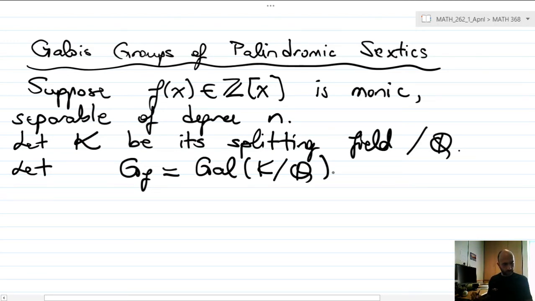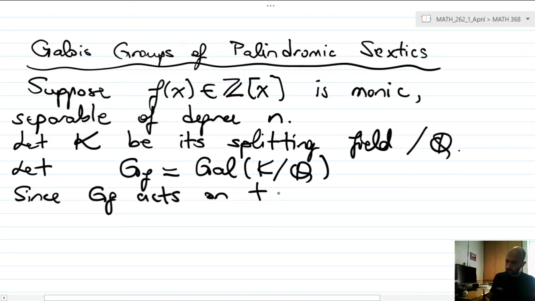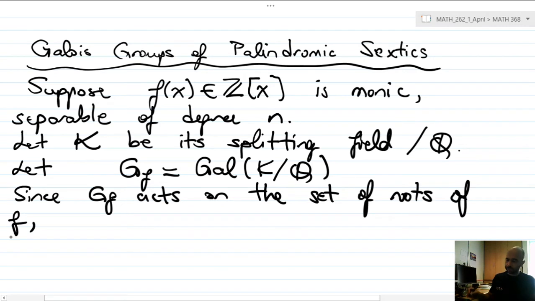Now we know one thing. Since G_f acts on the set of roots of f, and f is separable, so it has n distinct roots, we can visualize G_f as a subgroup of the symmetric group S_n.